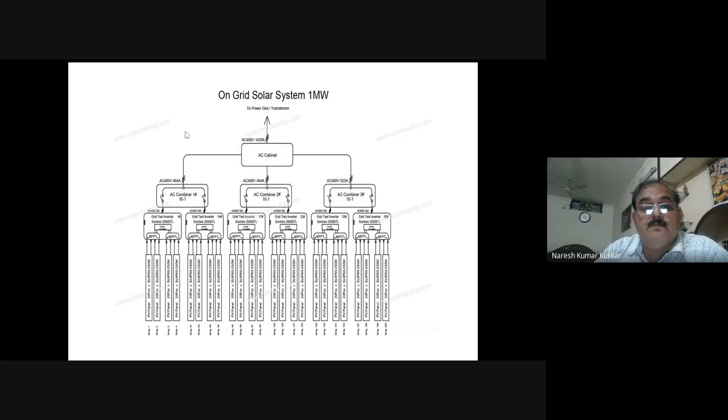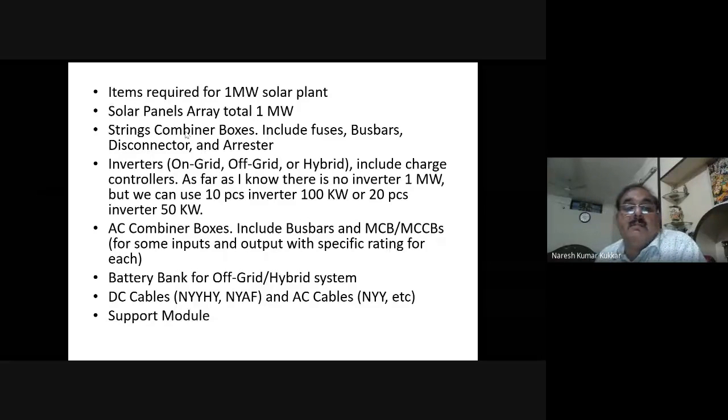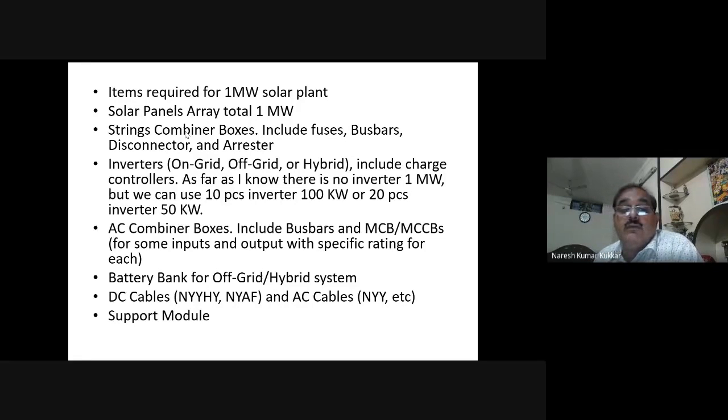Items required for a 1 megawatt solar power plant: solar panels for a 1 megawatt plant, then string combiner boxes, which require fuses, bus bar, disconnector, arrestor, then an inverter, either online or offline. If you give supply back to the power plant along with your own use, then a hybrid system is used.